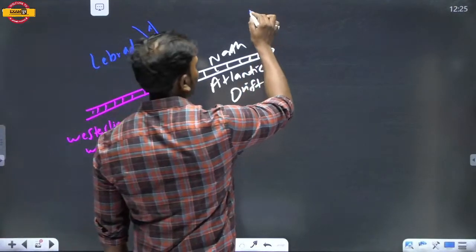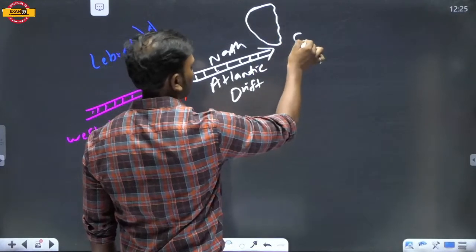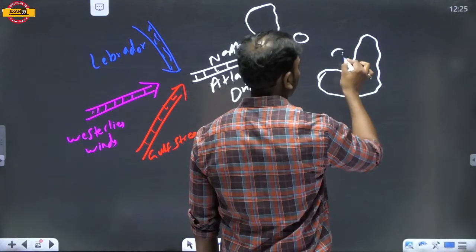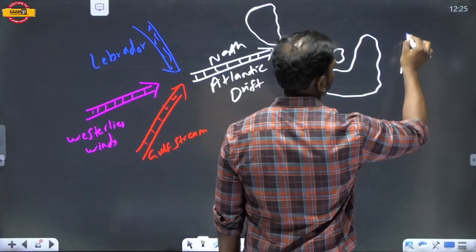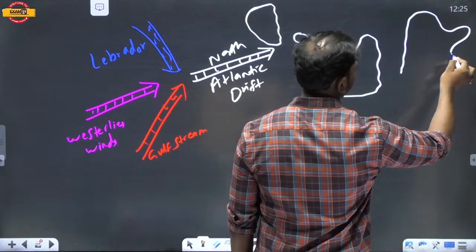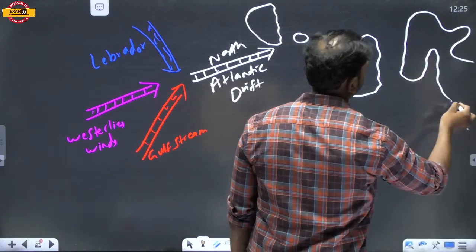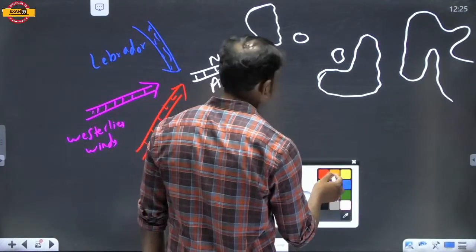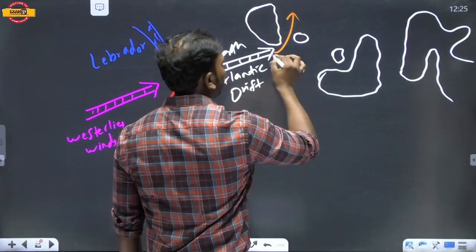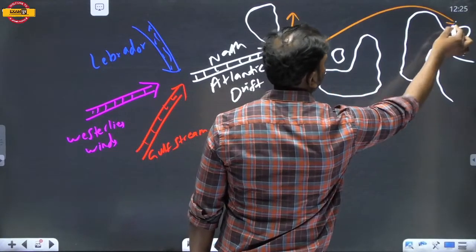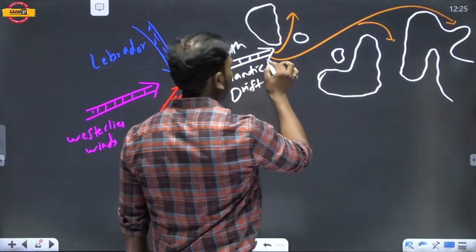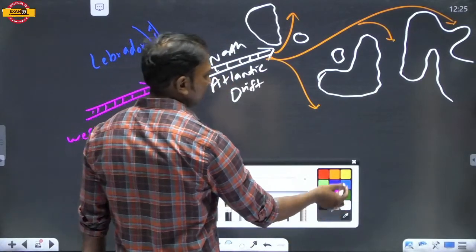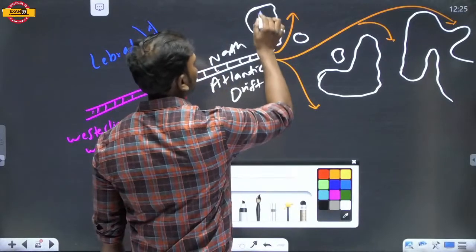Let's see, the North Atlantic Drift has divided into three currents.